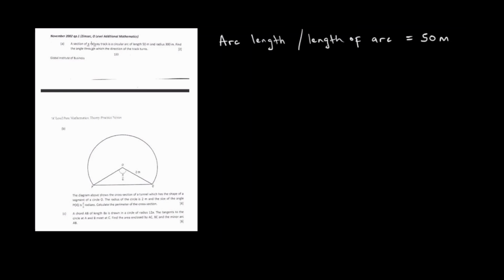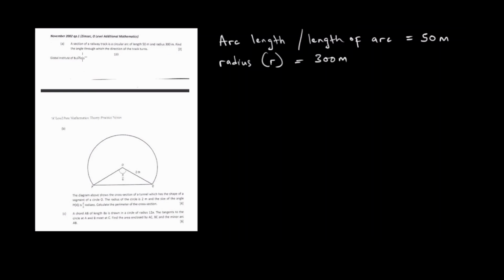If you read carefully the first part of the first sentence, a section of a railway track is a circular arc of 50 meters. So the arc length was given. And the radius is 300 meters. So the radius, which is usually just represented by r, is 300 meters.